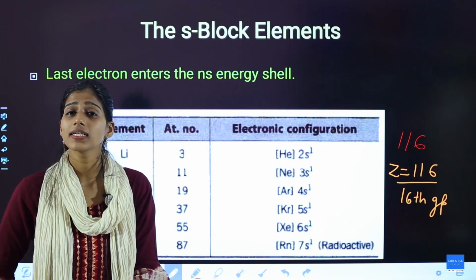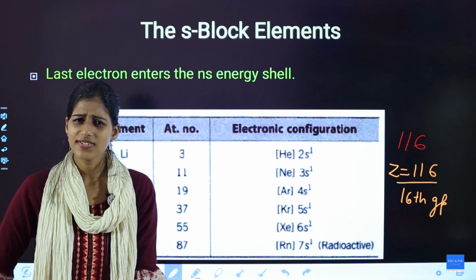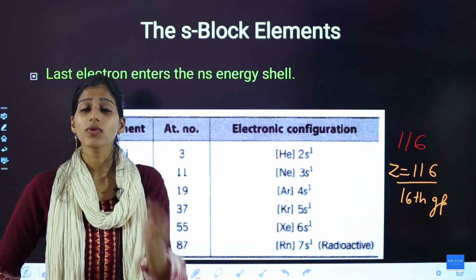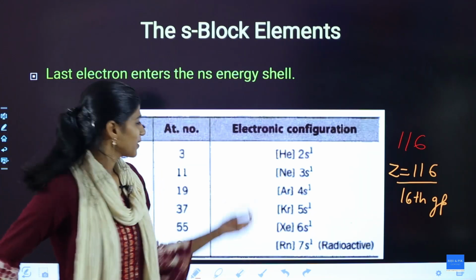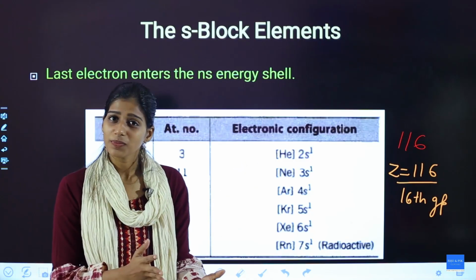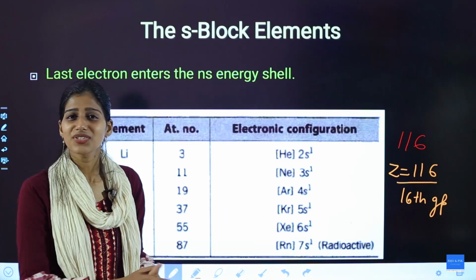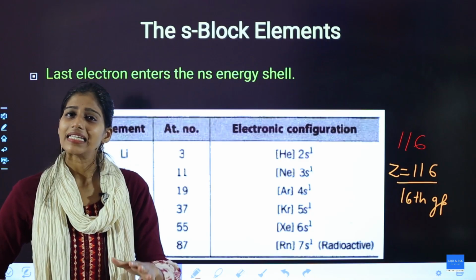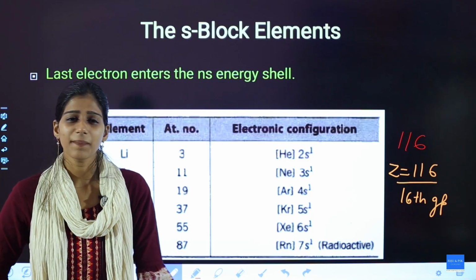It is very easy, children, because in the case of beryllium you have one more electron than lithium. So, that will be helium 2s2. The next one, magnesium, will be neon 3s2. So, just do that and go through this concept.